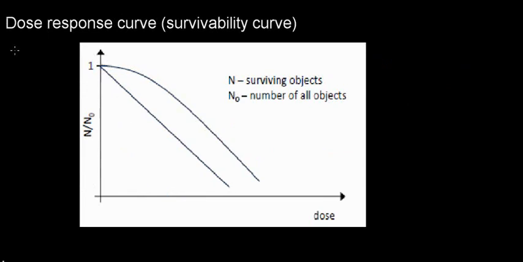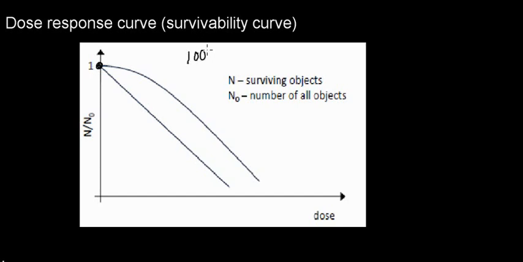Now, the dose response curve is basically something that was observed. And I just want to get this right out of the way, this y-axis quantity. We have the total surviving objects out of the initial number of objects that we have. And we're always going to start this graph from 1. Why is that?